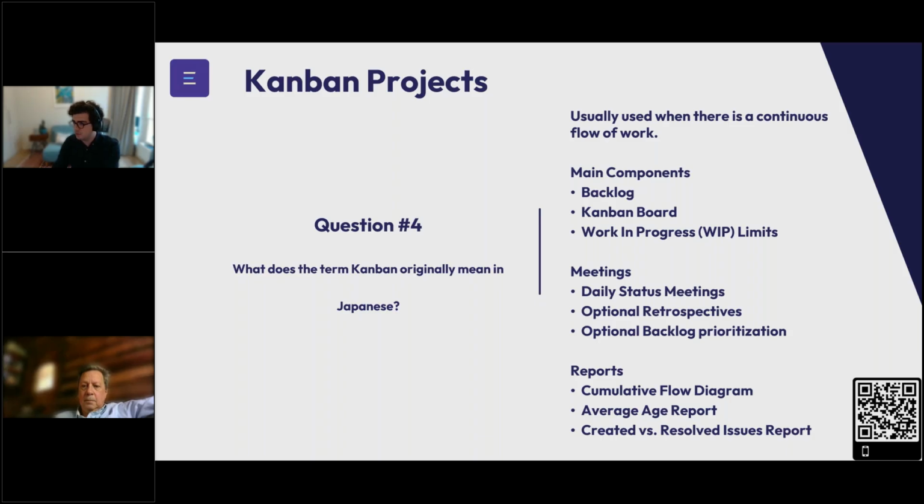One other not well-known thing about Kanban is that you need a work in progress limit. It's important to keep the number of items that are in progress to the minimum. And the main benefit of this is that you reduce context switching, so therefore you improve productivity.